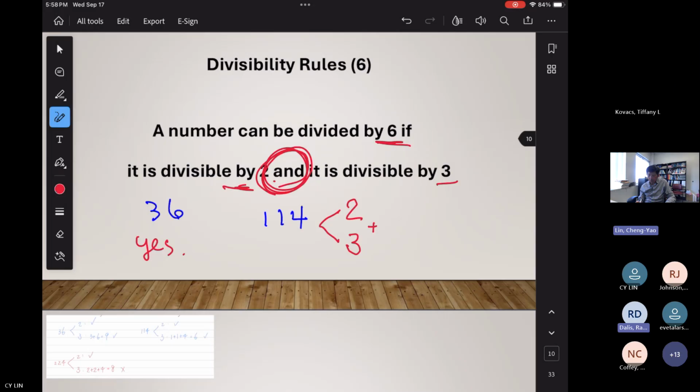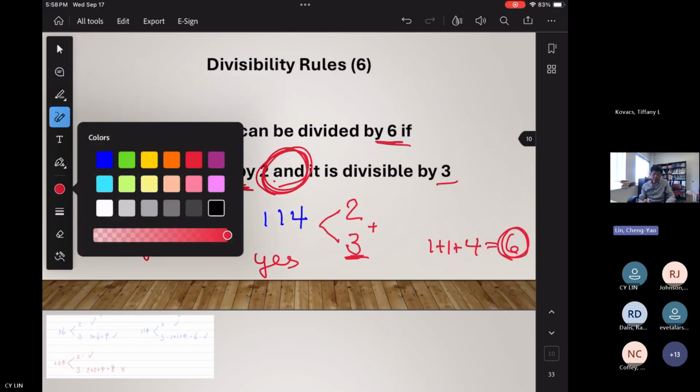So therefore, yes, 114 is divisible by 6. And how do we determine 3? We take 1 plus 1 plus 4, which equals 6. Yes, 6 is divisible by 3. So, 114, yes.